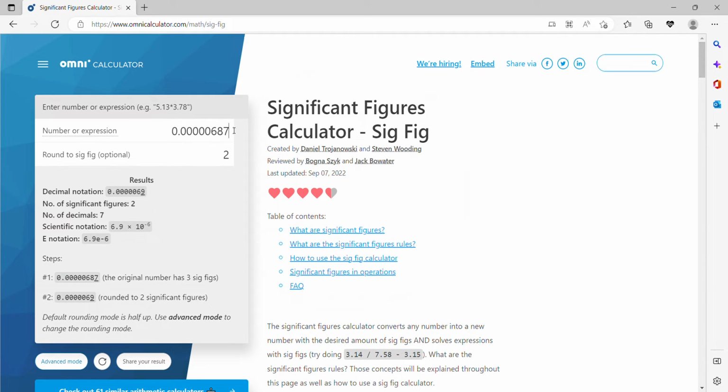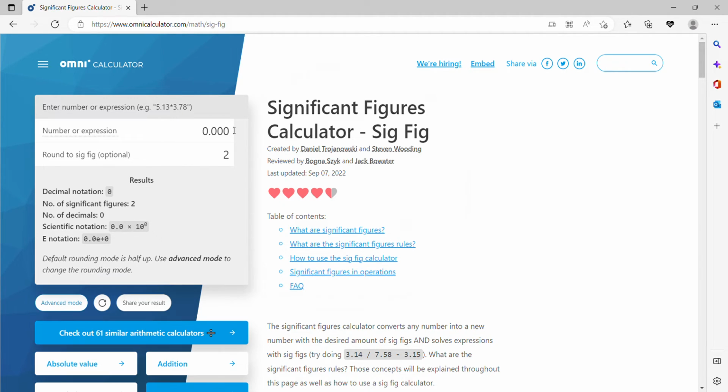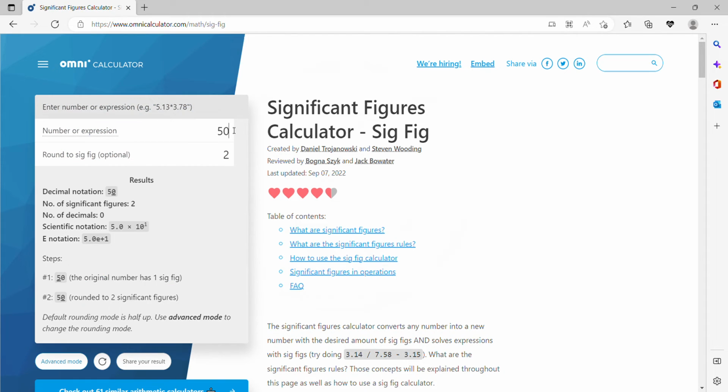I just want you to use this calculator, figure it out for yourself, because it's just rounding to the nearest two whole numbers, I guess you would say. But like I said, I always learned it as round to the nearest 1,000, 10,000, tenth. So just go to this calculator, play around with it, and you'll see what we're doing.